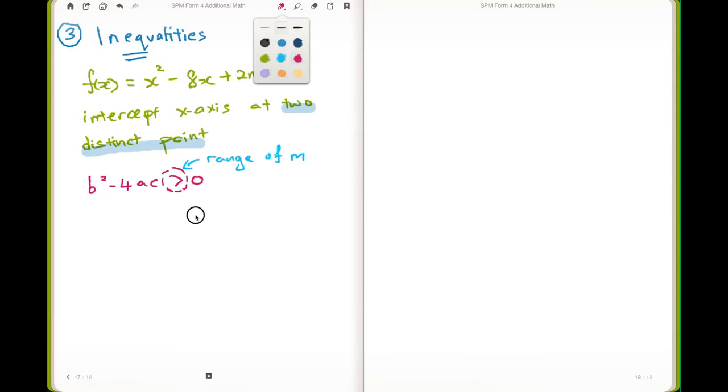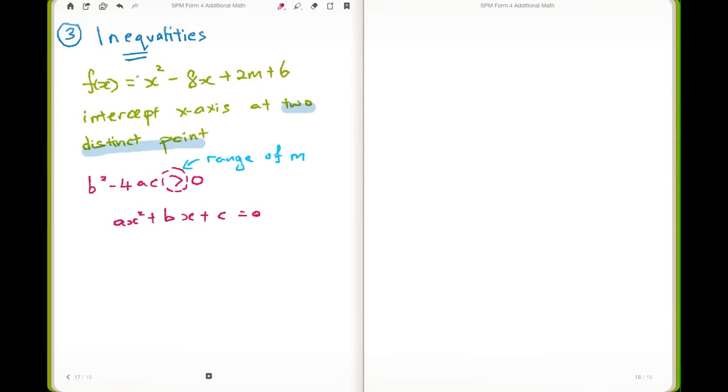So b squared minus 4ac, if you still remember, a general form for a quadratic equation should be ax squared plus bx plus c is equal to 0. So this is a, b, c. Compare it with this function. This is your c. My b is -8.